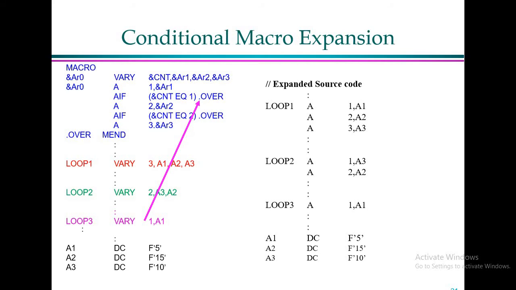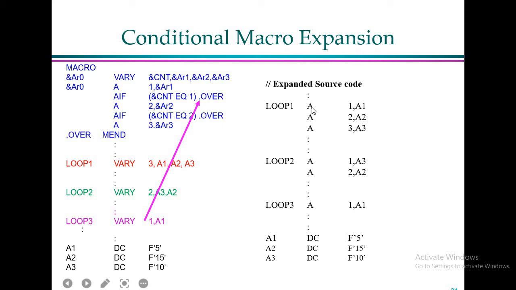First is what, here loop 1 contains 3 variables, that is 3 parameters A1 A2 A3. Loop 2 contains 2 variables A3 A2. Loop 3 contains 1 variable, that is A1. So AIF and AGO denote the conditional macro expansion. So here start from loop 1.